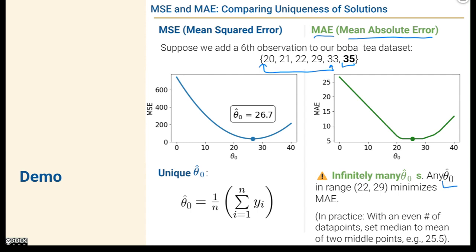Any constant that I want to choose between 22 and 29, because I basically need to split it in half and I need half the data points to lie below and half to lie above. So technically I could pick anything between 22 and 29 and it would satisfy that requirement mathematically. In practice, we have a convention to help us around that where we'll set the median to the average of those two middle points. So in our case, we would have set it to 25.5. But this is just something to point out that is a pro versus con depending on what you're trying to do with your model.